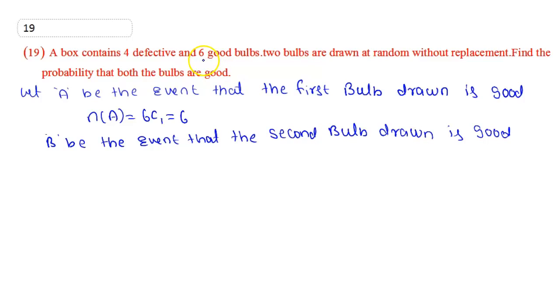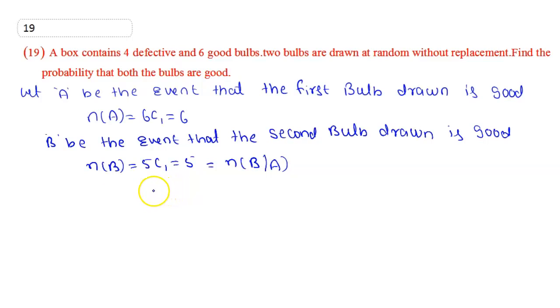Total good bulbs we have 6, 1 is taken out, so leftover bulbs are 5. That is n of B is equal to 5C1, that is equal to 5. This also can be written as n of B given A.